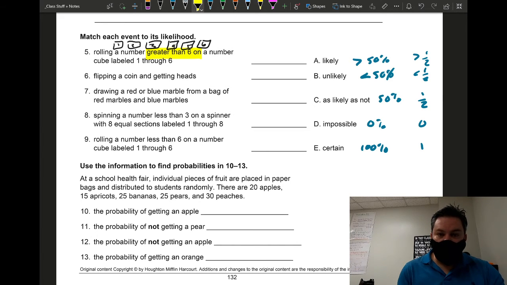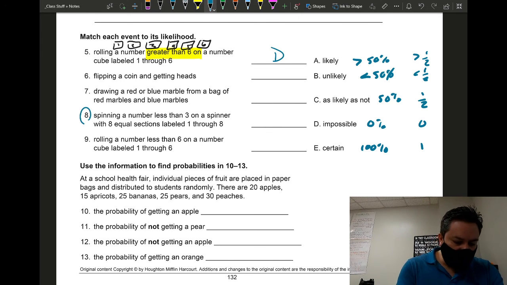So the possibility of getting that is going to be 0. It's impossible. It's never going to happen because you don't have a 7. You don't have an 8 on this number cube. So for that one, we're going to put the number 5 on D, which is right here. It's impossible. Or, actually, you can put the letter D right here. It doesn't matter.